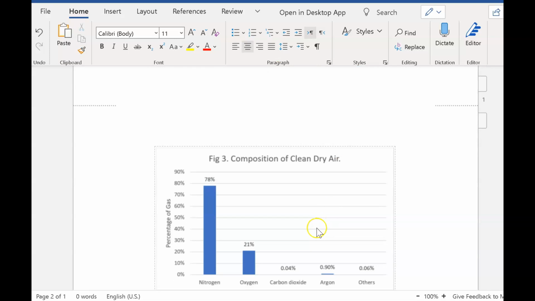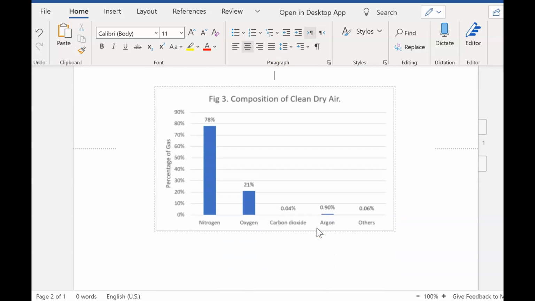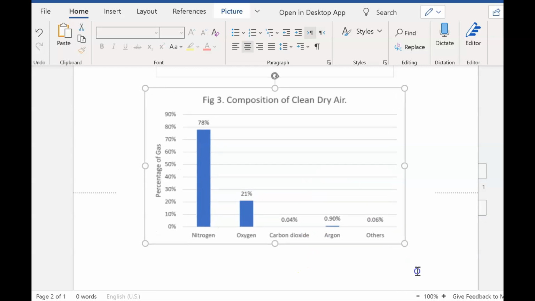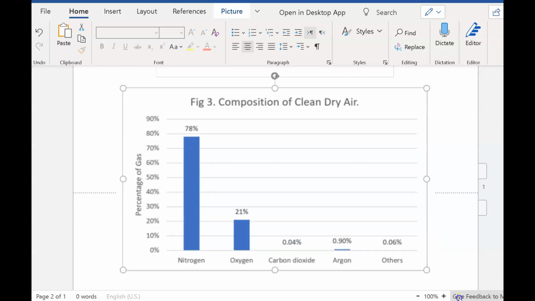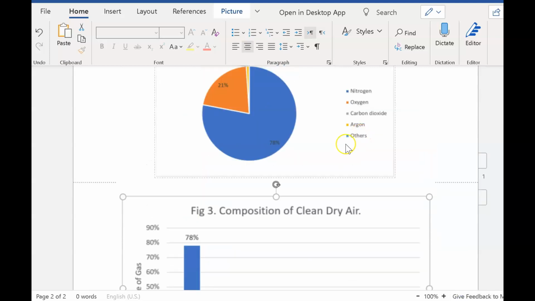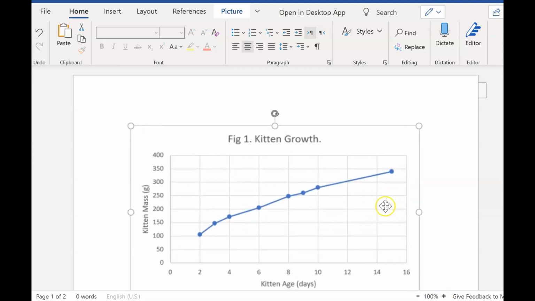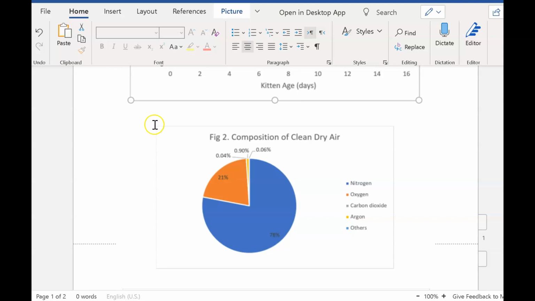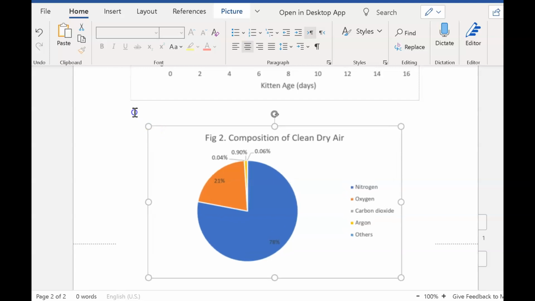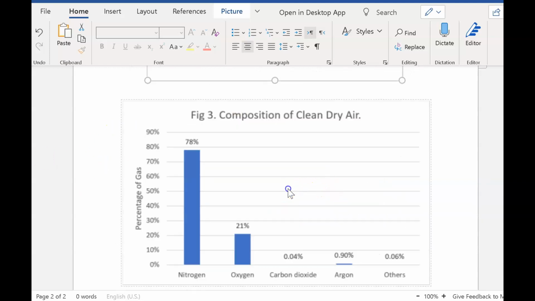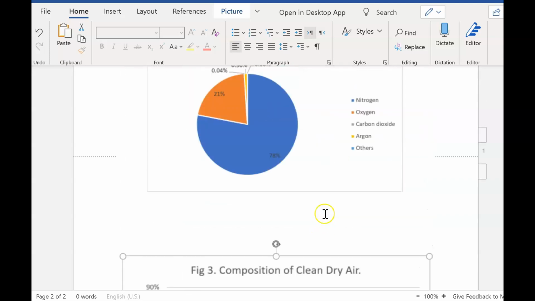Okay, and another way to take care of it is to change the shape, or I would say not the shape but the size of the graphs, right? So we can make them bigger or smaller. We can even align them to be exactly the same size if you want. Right, so here I'm kind of running out of room.